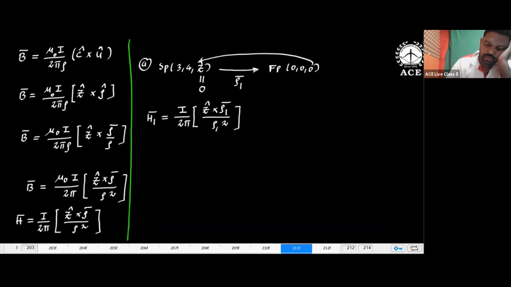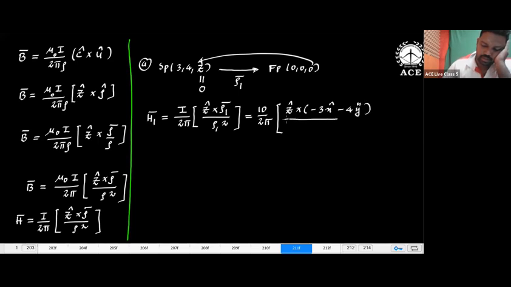I is 10 amperes. 10 by 2 pi into Z cap cross 0 minus 3, it is minus 3x cap, and 0 minus 4, it is minus 4y cap, divided by its magnitude, square root of 9 plus 16, whole square.